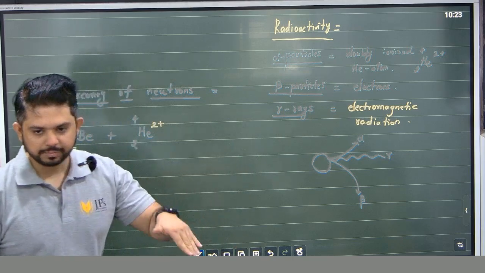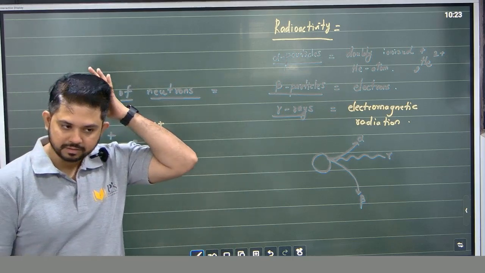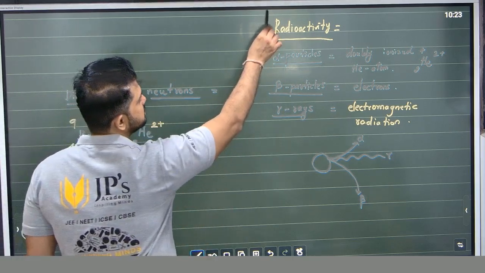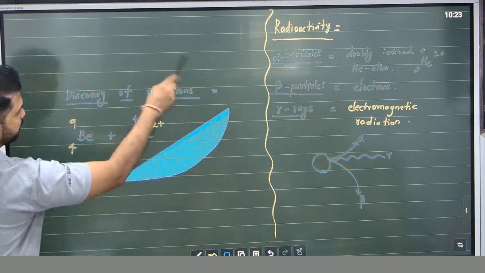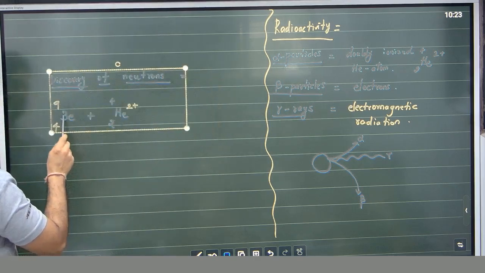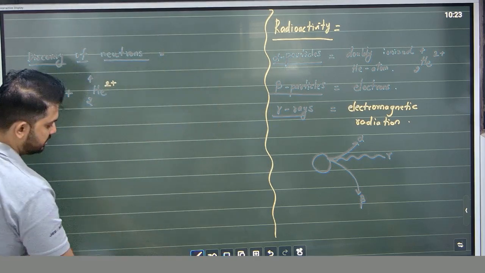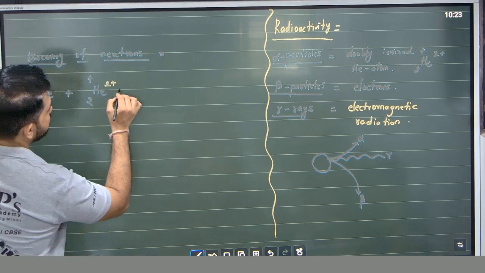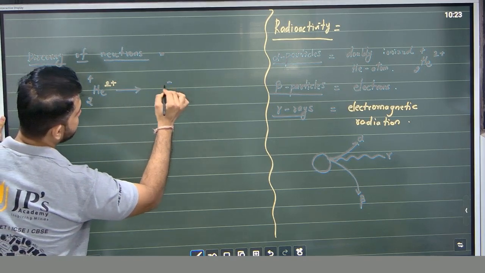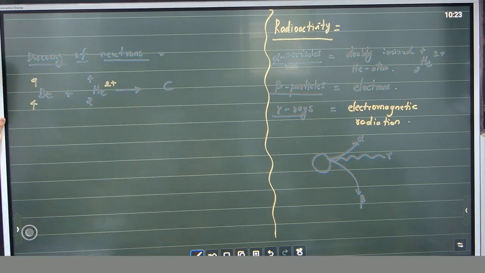Deflect इसलिए हो रहा है because we've applied an electric field. ये points याद रखना भी necessary है. So I repeat what Goldstein was doing. Different nuclei लिया था, and he was bombarding them, lithium, beryllium, with helium, with alpha particles. Now what he got was carbon.